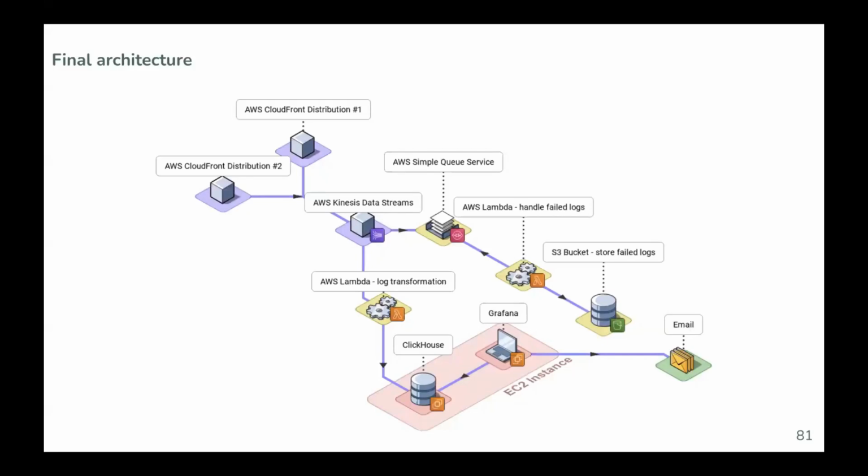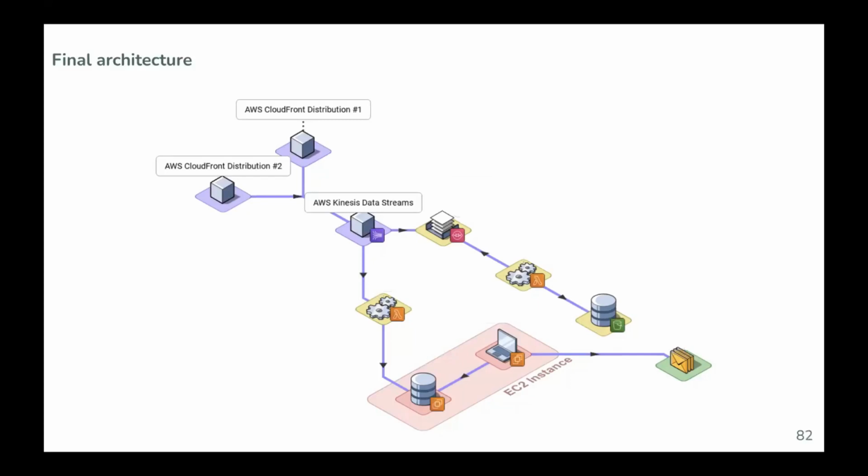With that, we arrive at our final architecture. The diagram outlines the flow of logs through Canopy's logging pipeline. First, one or more CloudFront CDN instances emit log data, which is ingested in our pipeline via AWS Kinesis data streams.